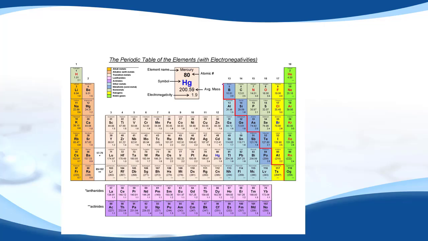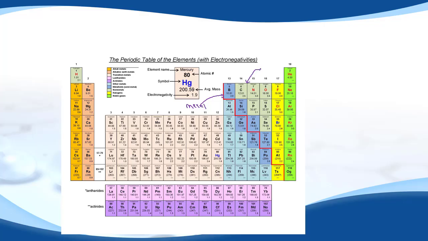Another thing it can tell you is you see this red line right here. It may look like a gray staircase line on the black and white periodic tables. This line right here is the difference between metals and nonmetals. Everything to the lower left of that line is a metal.